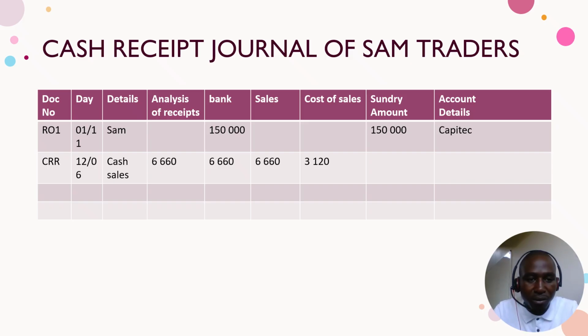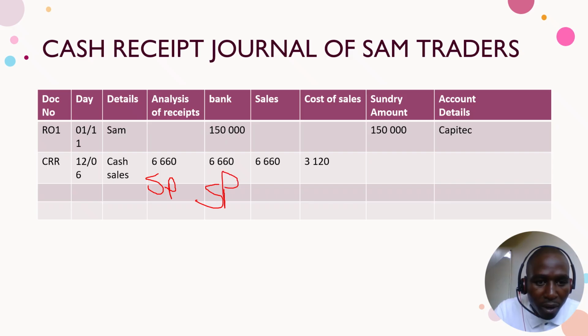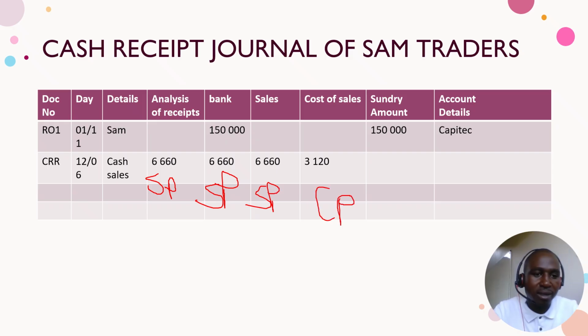We write the selling price under analysis of receipt, we write the selling price under bank, we write the selling price under sales, and we write the cost price under cost of sales. And remember, the source document number that we use when we are doing cash sales is CRR. That stands for cash register roll.